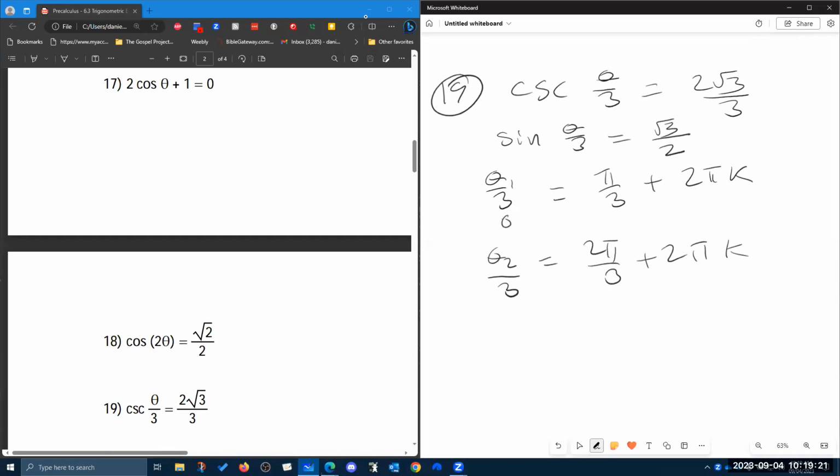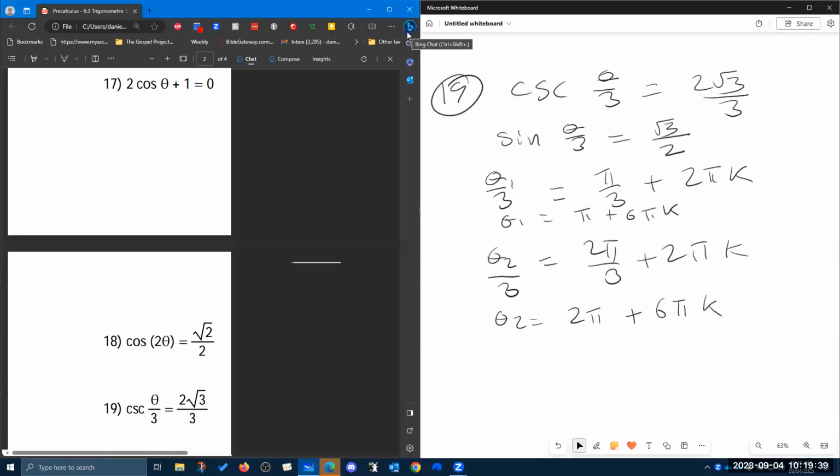I'm going to multiply by 3. Pi plus 6pi k. 2pi plus 6pi k.